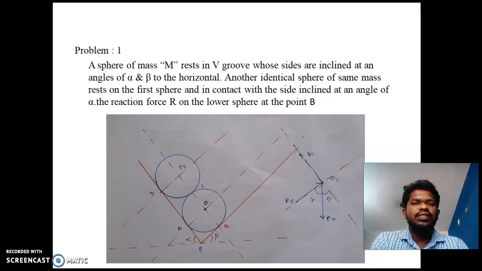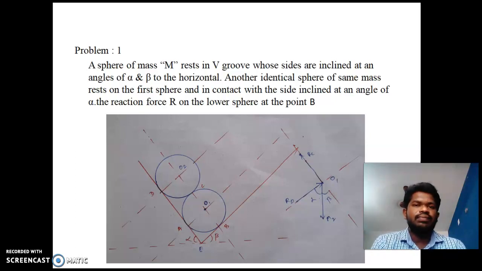Another identical sphere of the same mass rests on the first sphere and is in contact with the side of the incline at an angle alpha. Find the reaction force on the lower sphere at the point P. So in the problem, in the V groove, we place two identical spheres. Identical spheres means the radius of the spheres is the same, R1 equal to R2, and the density of the spheres is the same, ρ1 equal to ρ2. So the same size and same weight of material.